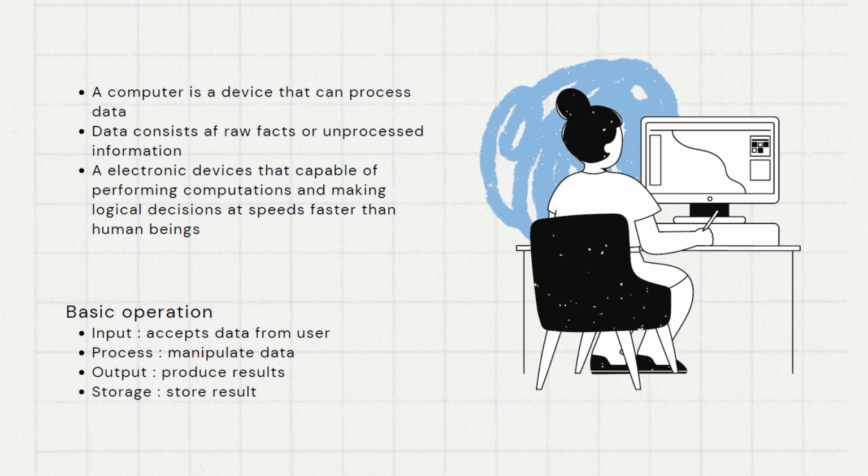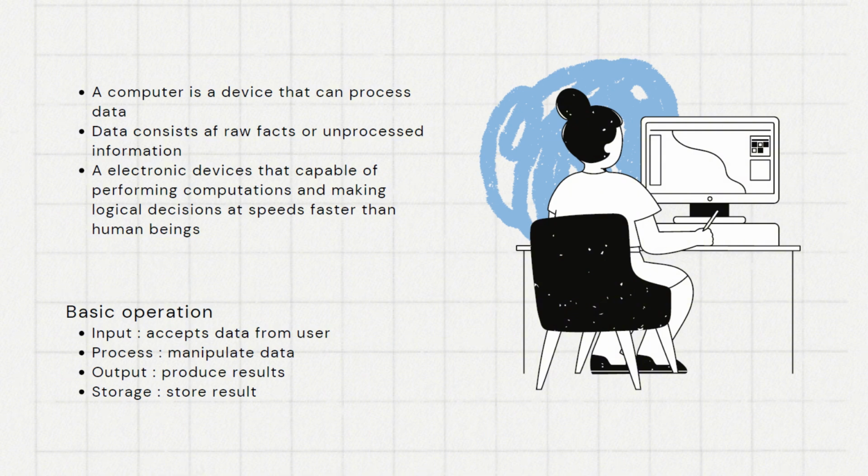A computer has four basic operations. The first one is input, the second is process, the third is output, and the last one is storage. For input, the computer accepts data from users. Let's say we search for something, the computer will search for anything that we want.